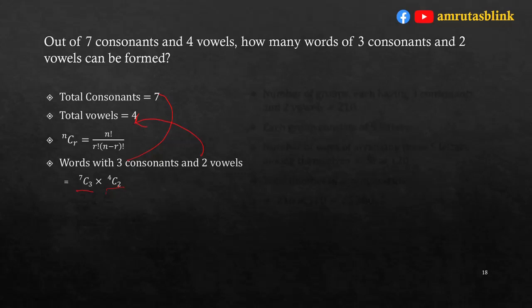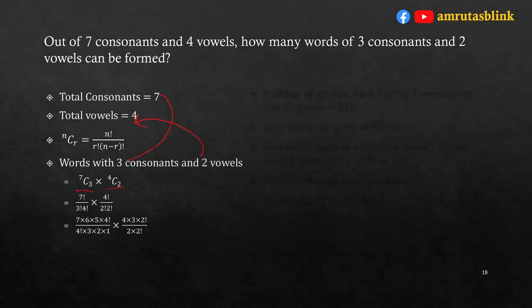So number of words with 3 consonants and 2 vowels can be selected in 7C3 into 4C2 ways. Now here what we have done is, we have just selected the consonants and vowels to create the word. So you just have a shuffled or jumbled collection of letters, and now from these letters you need to create the words, that is 7C3 into 4C2.